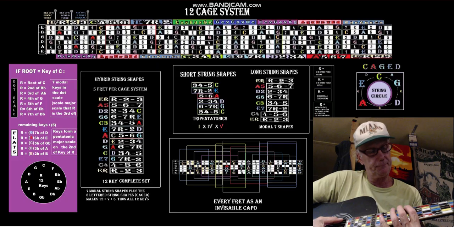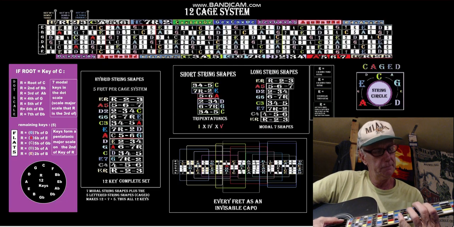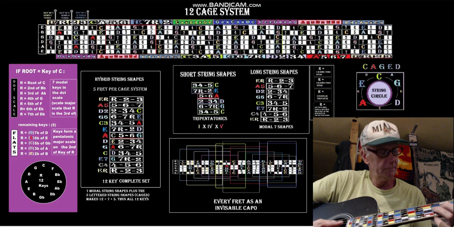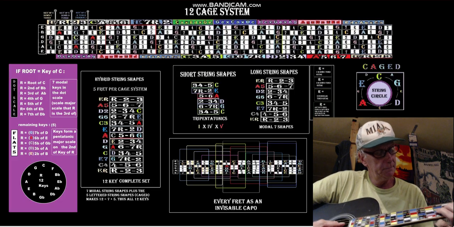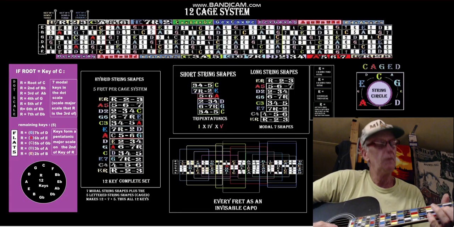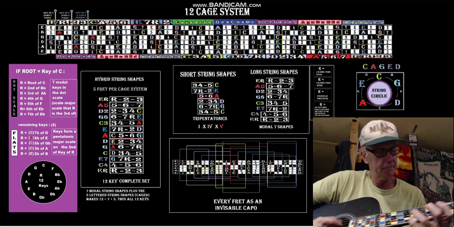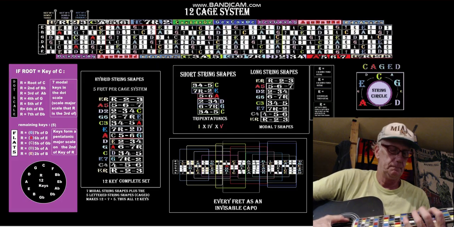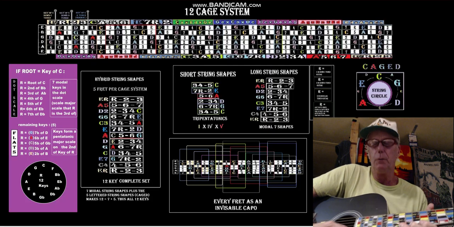So we're looking at C goes to A. Back to the G. Where G goes to E?